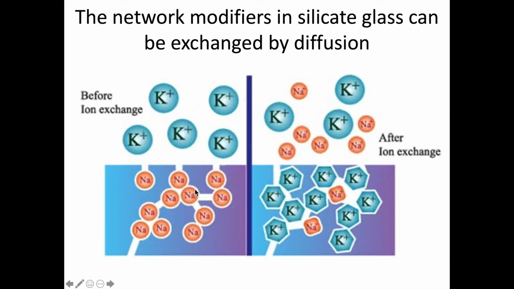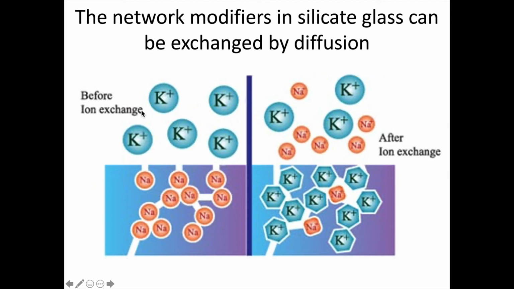In glass, these are what we term the network modifiers in the silicate glass, something like sodium, and we can actually exchange those free ions with ions in an external bath. Typically this is a molten nitrate salt heated to 300 to 400 degrees Celsius, and we have something like potassium on the outside. So we have potassium nitrate on the outside and sodium inside the glass.